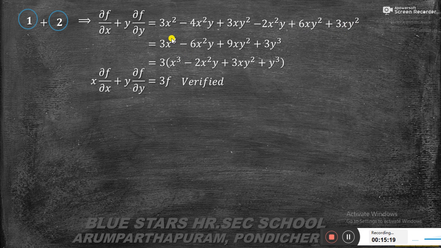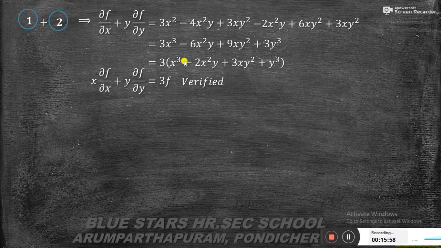So the next step: 3x³, then we add −4x²y and −2x²y, and adding these two terms we get −6x²y. Next, 3xy² plus 6xy² means 9xy², plus the last term 3y³, not 3xy². Taking 3 common outside, we get 3(x³ − 2x²y + 3xy² + y³).